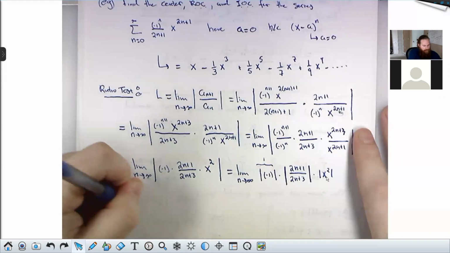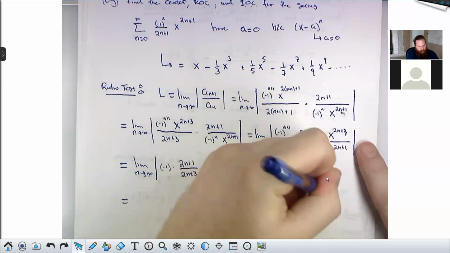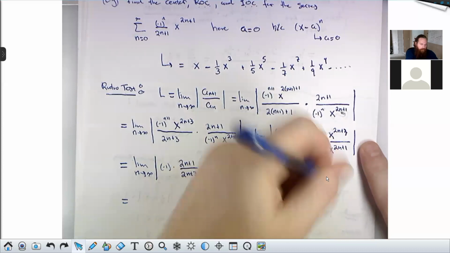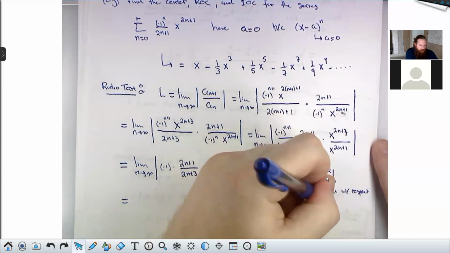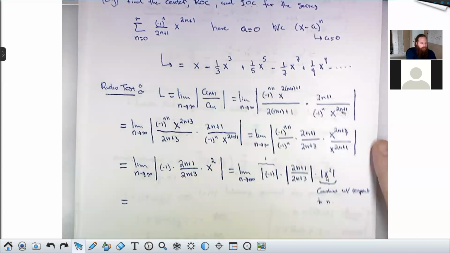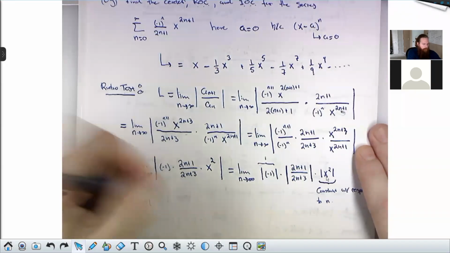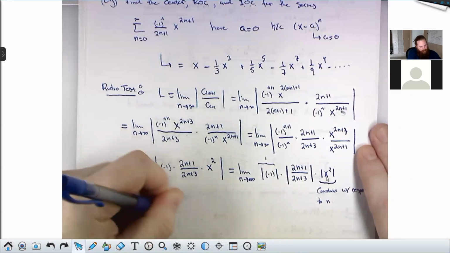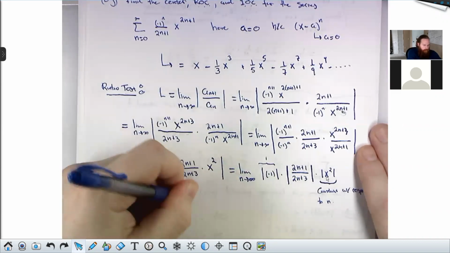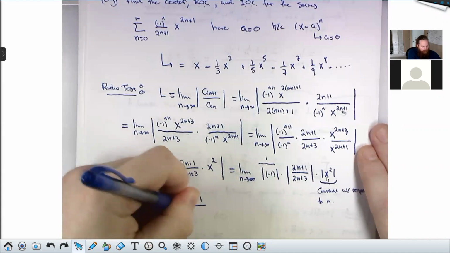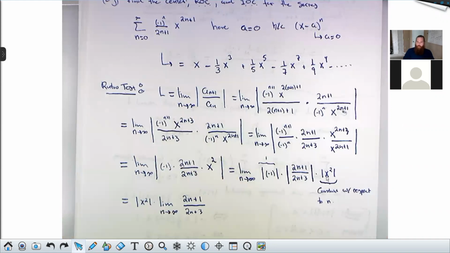So this piece is constant with respect to n, so it can come outside the limit, and I get absolute value of x squared times the limit as n goes to infinity of (2n plus 1) over (2n plus 3), which is positive, so I can lose the absolute values on that piece. So at this step, I'm dealing with the absolute values, and it's important that you do this.